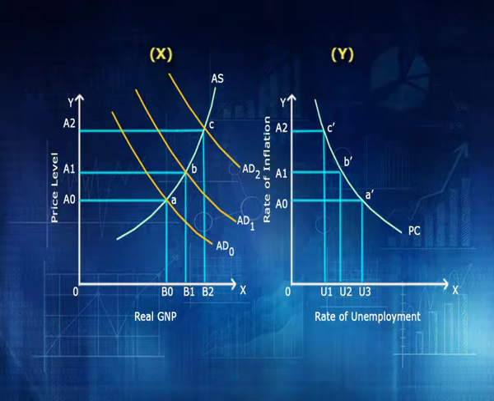This increase in aggregate output boosts employment in the economy and hence leads to a decline in the unemployment rate.